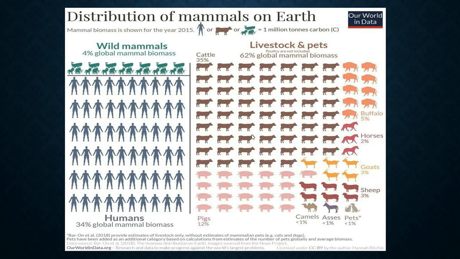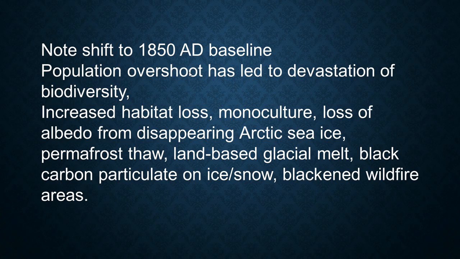So the habitat loss is causing mammals to die off, causing extinction, not just of mammals, but all the other organisms. Flora, fauna, all. Humans are causing this current mass extinction.